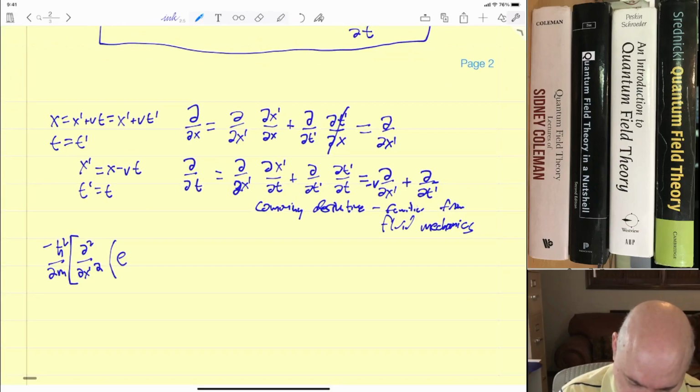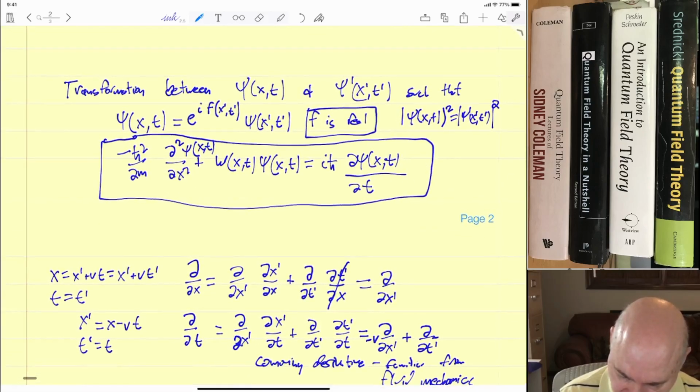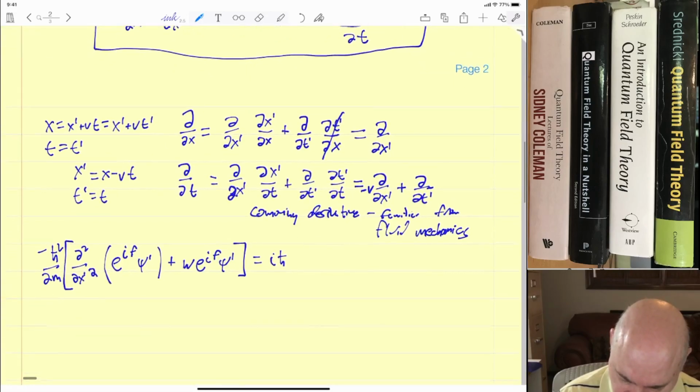I'm not always going to write the arguments here, but plus W times psi, e to the i f psi prime. Now this is equal to i h bar partial with respect to t of psi.